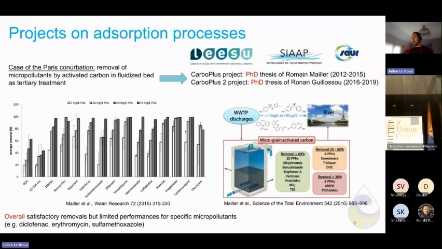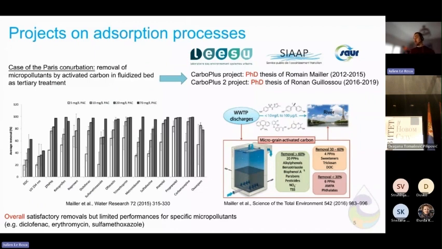There was a first PhD thesis, by Romain Maillet, who studied the adsorption of several micropollutants, mostly pharmaceuticals, by this big pilot. They found that this pilot was able to remove with good removals a lot of compounds, mostly alkyl phenols, bisphenol A, parabens, and pesticides.